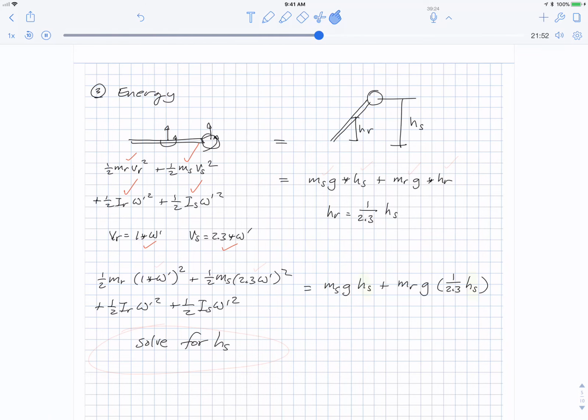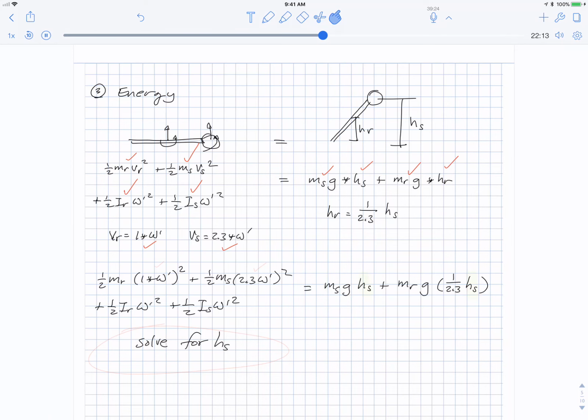You can put all these things in here. Everything on the left-hand side is a number you can solve for. And so afterwards, the potential energy is the mass of the sphere times g, times the height of the sphere, plus the mass of the rod times g, times the height of the rod. And we want only one unknown.